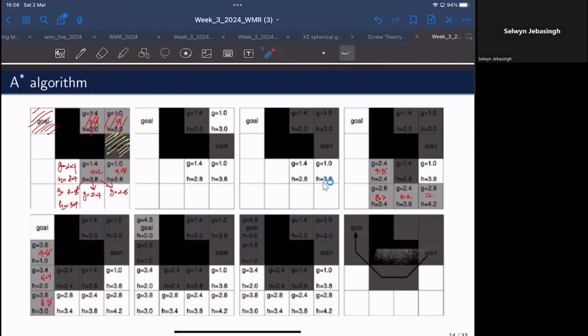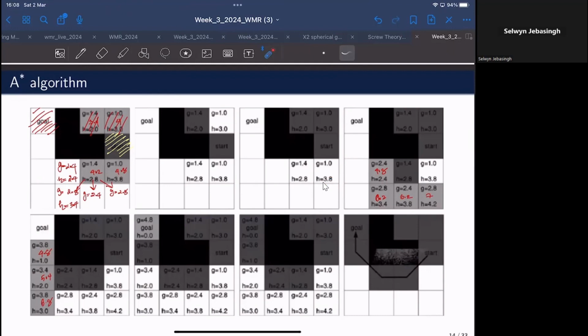Sometimes, in some situations, the path with the minimum distance may not be the optimal path. For example, if you want to go from a start position to a goal position, the minimal path is actually very rough, very harsh, and it's not very suitable for you to commute. And there is also another alternative path that is a bit longer, but it's actually very smooth.